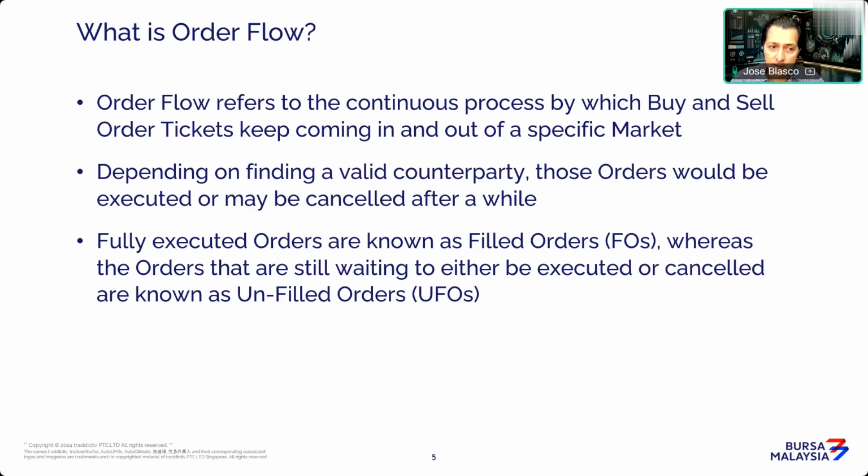So depending on finding that valid counterparty, those orders would be either executed, and the buyer bought because the seller sold to the buyer, or the seller sold because the seller was able to find a buyer he could sell to, right? Hopefully I didn't say that too fast. But basically, if that counterparty is found, then the order that traveled through the internet is executed. And the moment it's executed, it's gone.